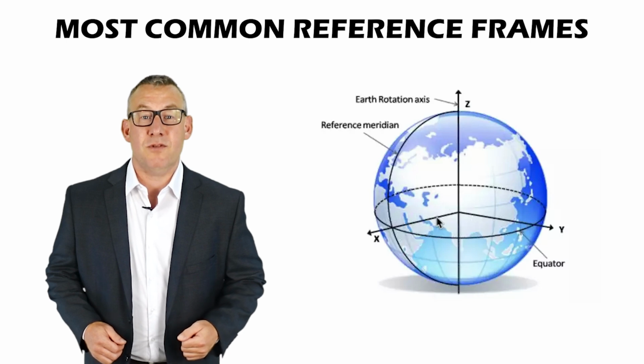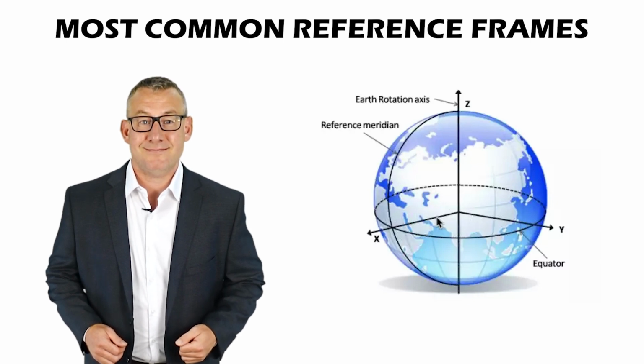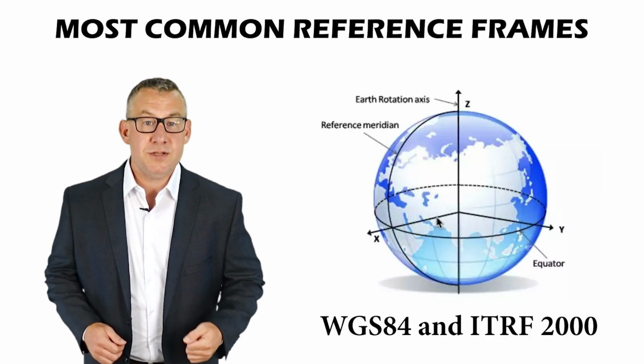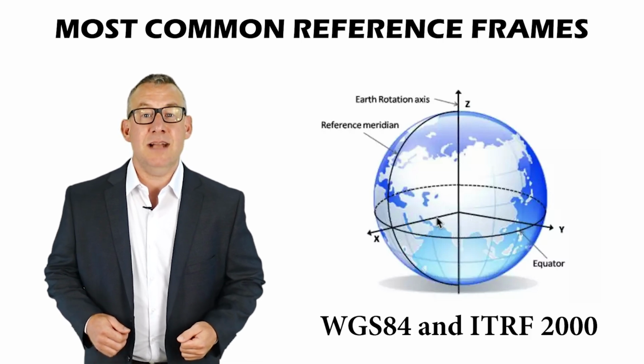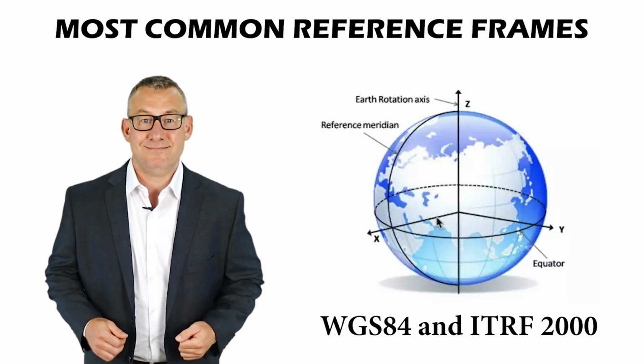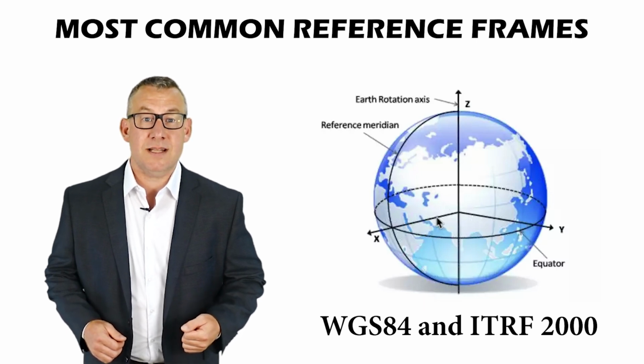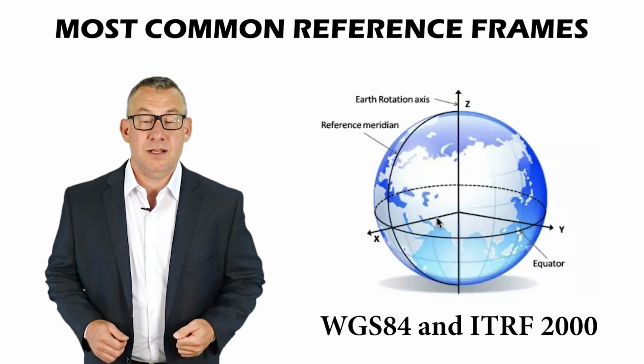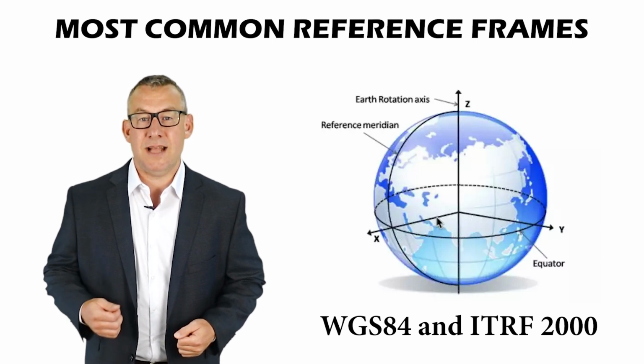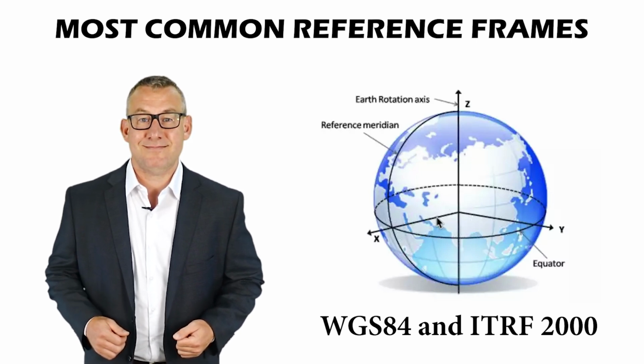The most common reference frames. The most common reference frames in use today are the WGS 84 and the ITRF 2000. The ITRF is the international standard. The WGS 84 is the standard for the United States.